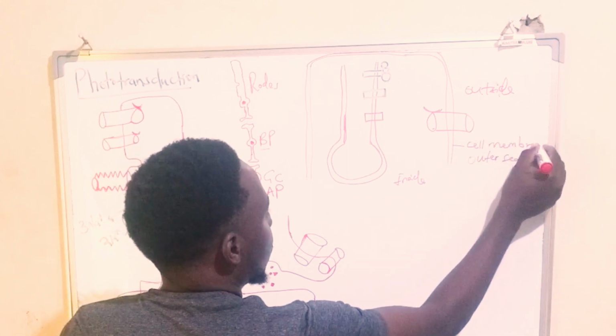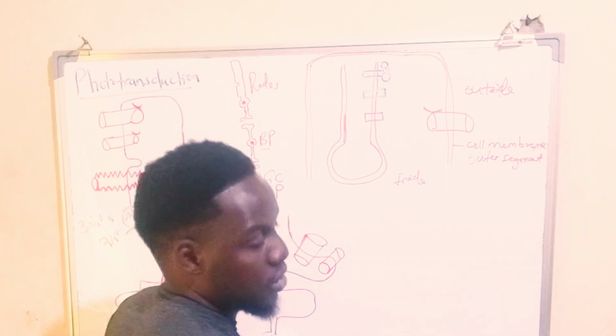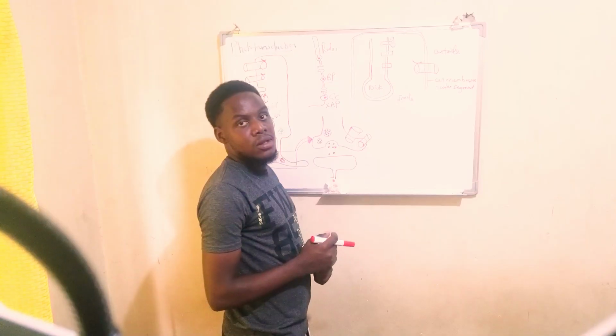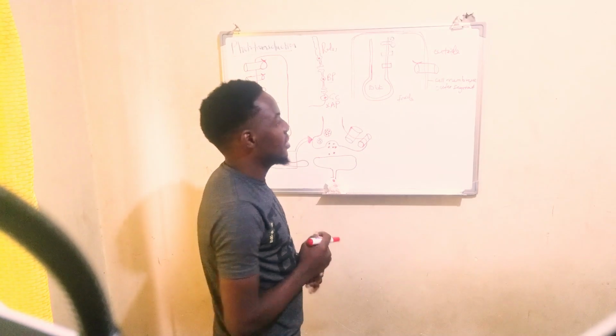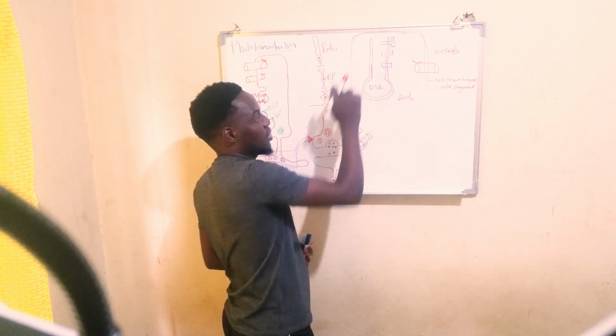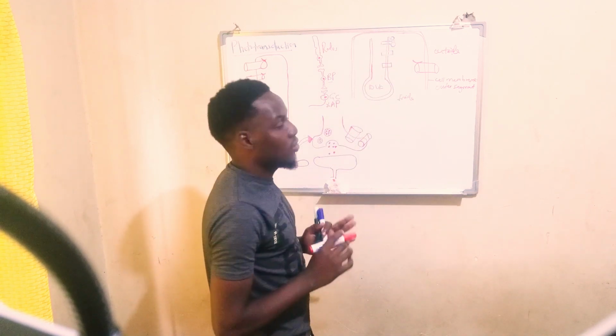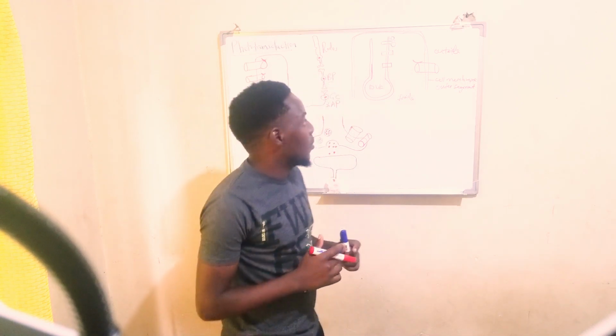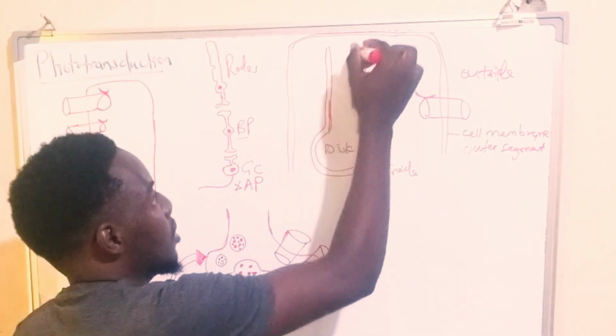Remember, we said in rods, in the outer segment we have discs. This is the membranous disc we're talking about. In those membranous discs is where you find photosensitive compounds.